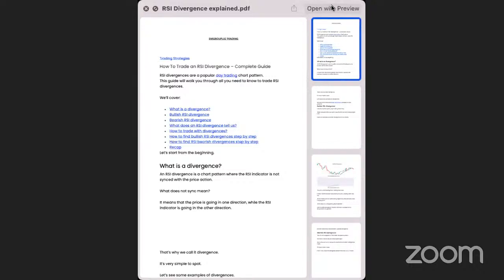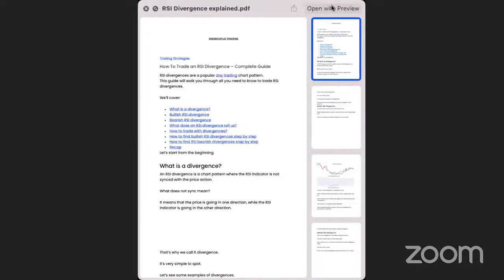So in this topic, we are going to be learning what is a divergency, and we are going to be able to define what is a bullish relative strength index divergency, what is a bearish relative strength index divergency, what does a relative strength index divergency tell us, how to trade with divergences, how to find out bullish relative strength index divergences step by step, how to find relative strength index bearish divergences step by step.